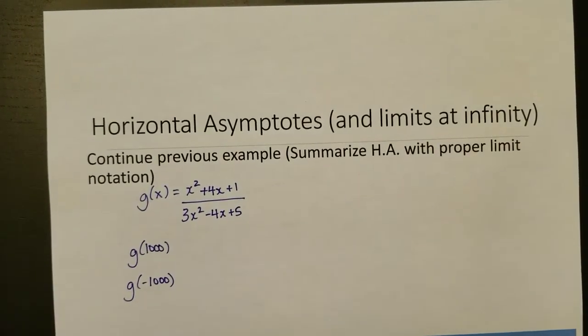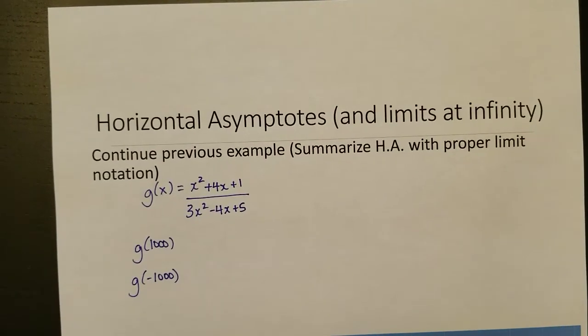So I'm going to just take my calculator, sub in those values. So 1,000 squared plus 4 times 1,000 plus 1 divided by minus 4,000 plus 5.